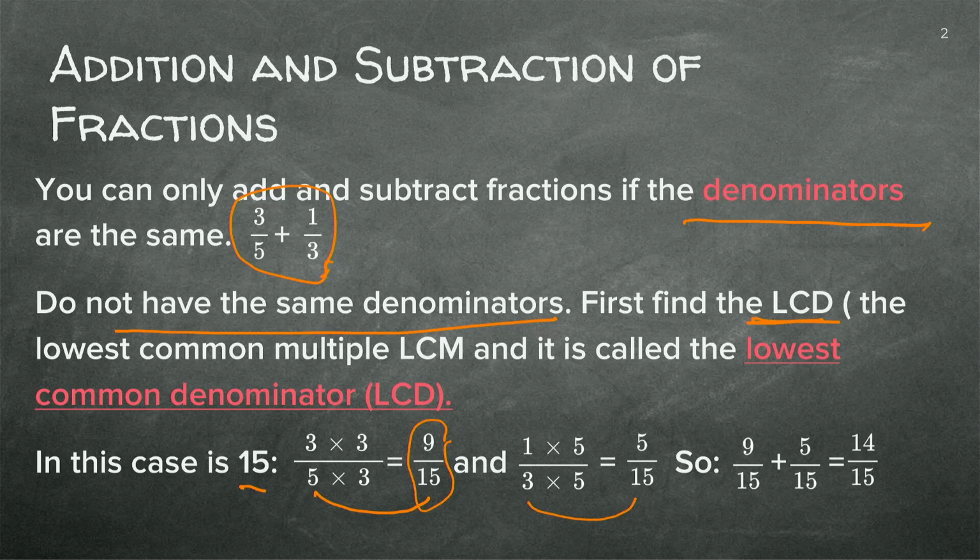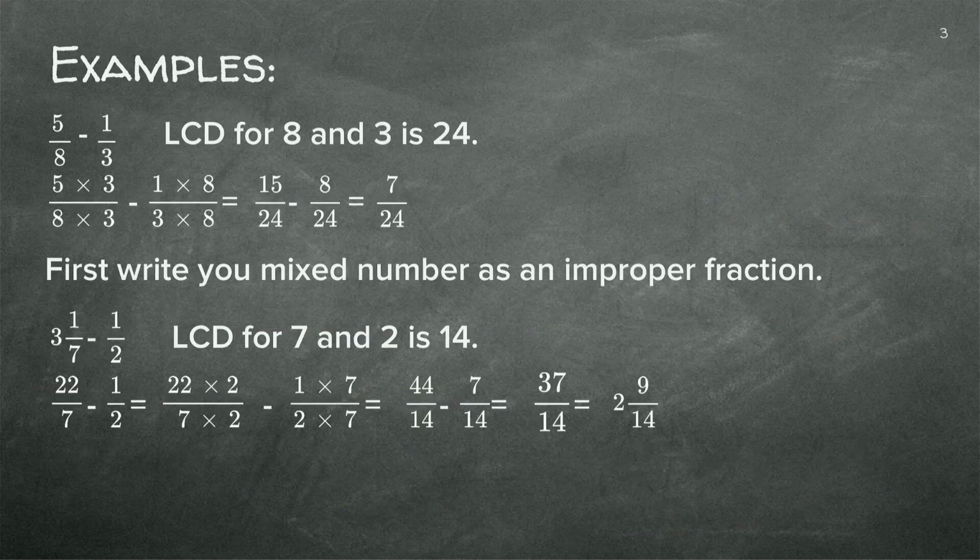So that will give us 5 over 15. So now we can add it up. So it's 9 over 15 plus 5 over 15, and the answer is 14 over 15. So easy, right? Let's do another example.